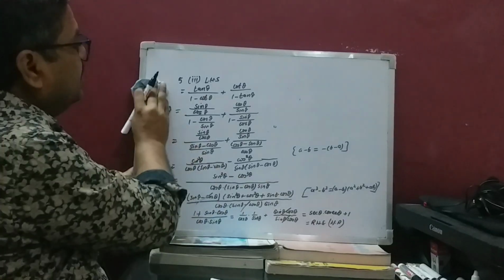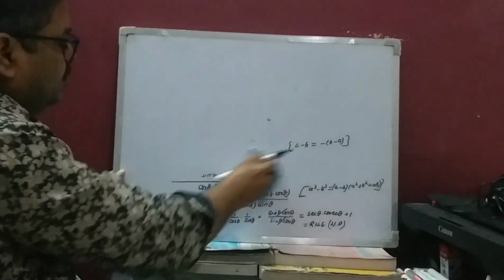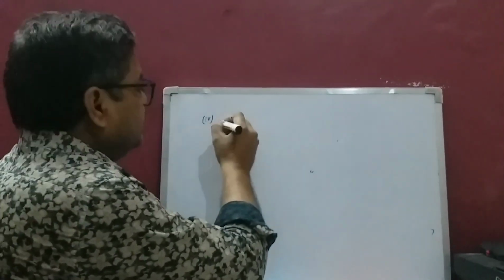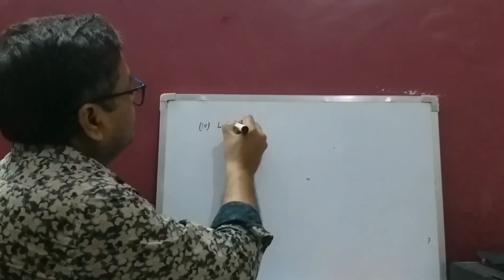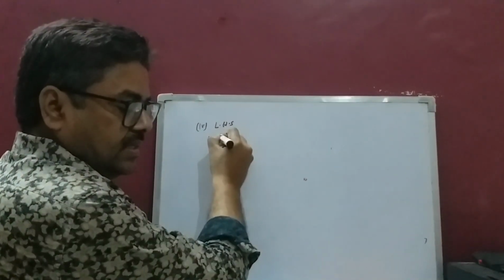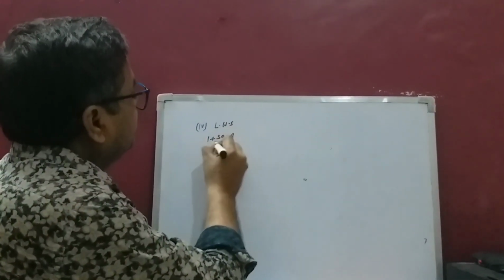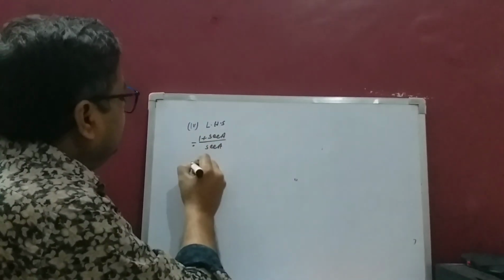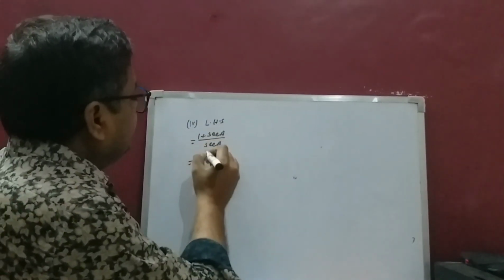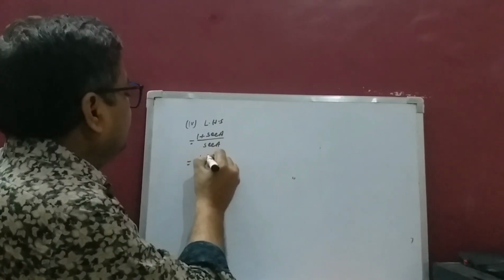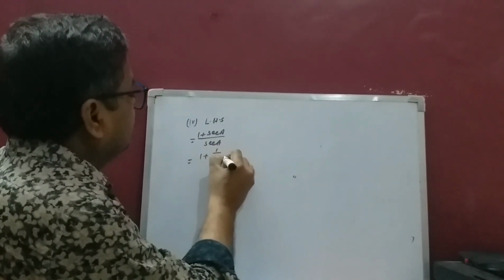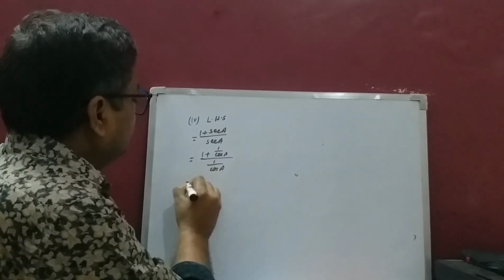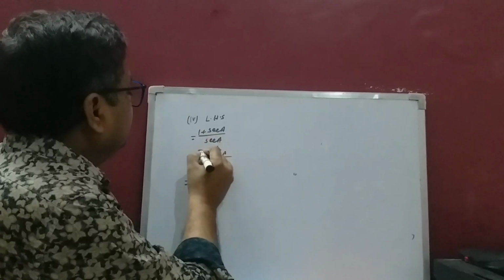Now, next question is 4. Now LHS is 1 plus sec A upon sec A, and change this sec A into cos. 1 plus 1 by cos A upon 1 by cos A. Now do the LCM of the numerator.